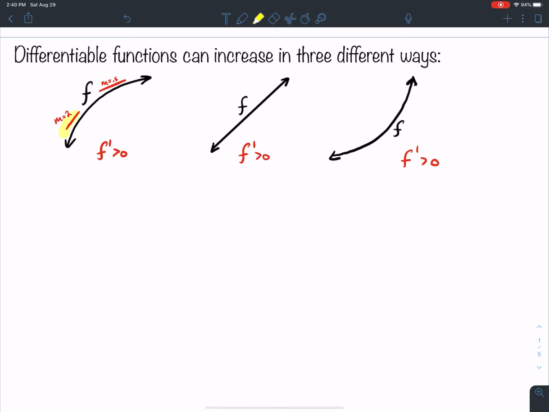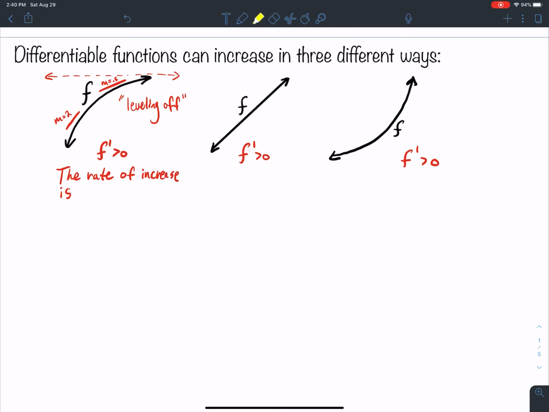So what's happening to my derivatives as x increases? It kind of looks like I'm leveling off. I've got this horizontal tangent line business going on here. My derivatives get closer and closer to 0. So it starts at 2 and then it's decreasing towards 0.